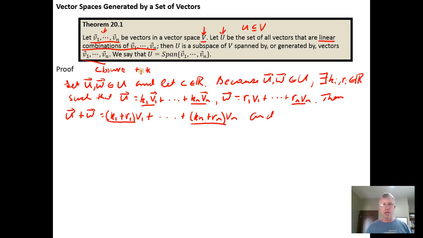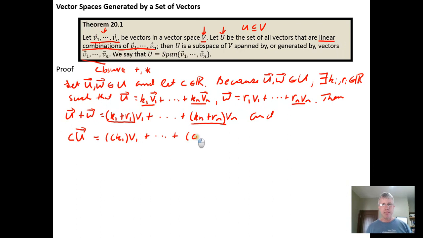Now we also want to show closure under scalar multiplication. So we can do a scalar times either the vector u or w. It won't matter. They're both arbitrary vectors from the set U. So if we do c times u, what does that look like? Well, u is built this way. So it's going to look like c times k sub 1 V sub 1 plus all the way through the nth vector.